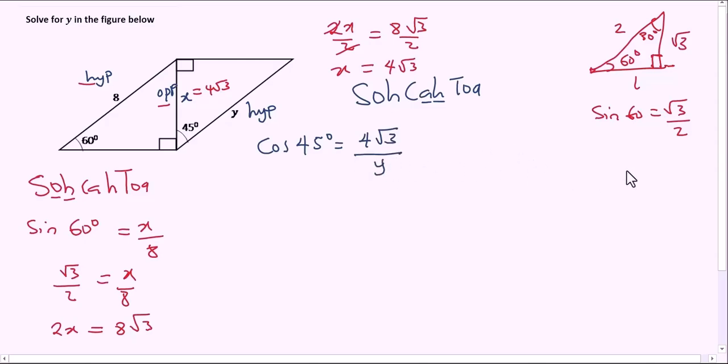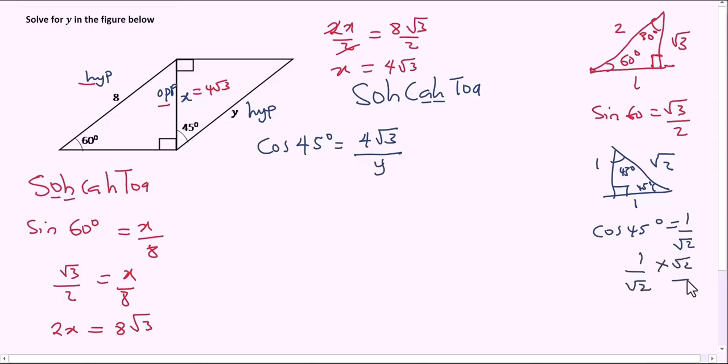What is cos 45 degrees? Now, let's go back to special triangles. So this is 45 degrees, 45 degrees, 1, 1, and then root 2. Cos 45 degrees is adjacent over hypotenuse. Adjacent is what? 1 over root 2, but we can't stop there. So 1 over root 2 multiplied by root 2 over root 2. That gives us what? Root 2 over 2.